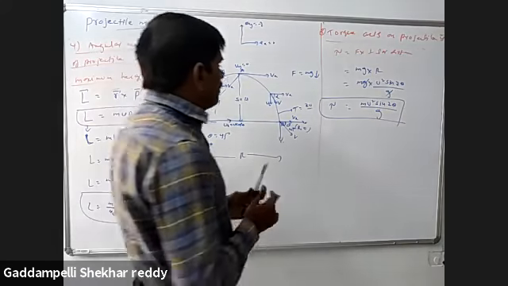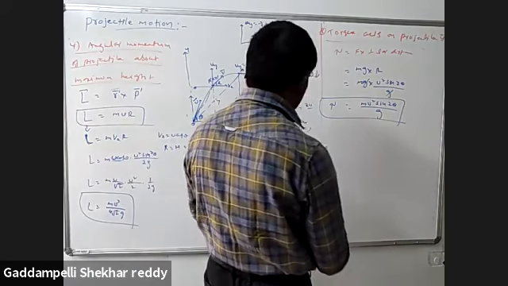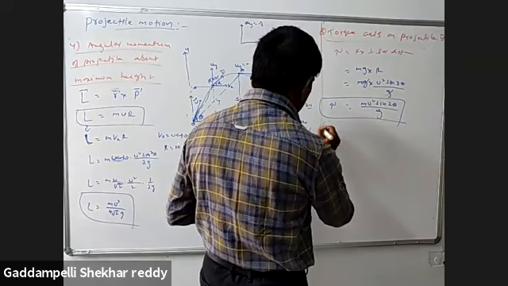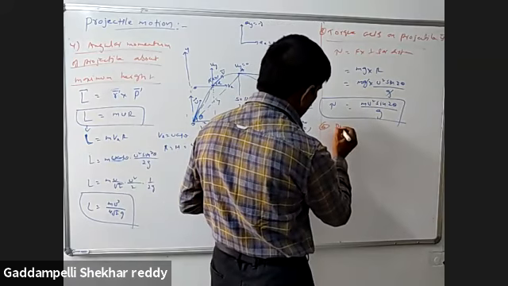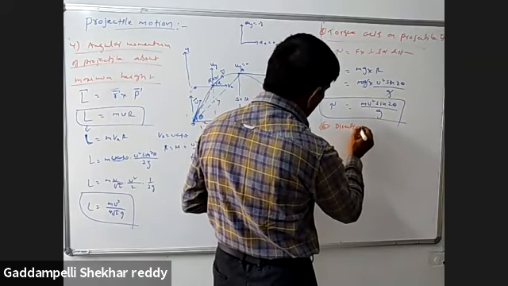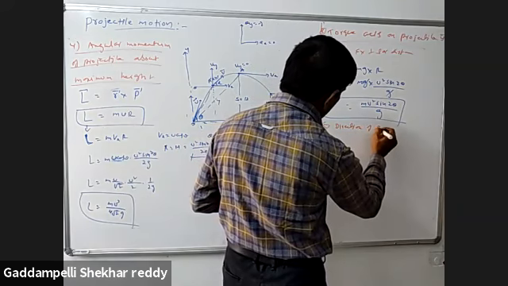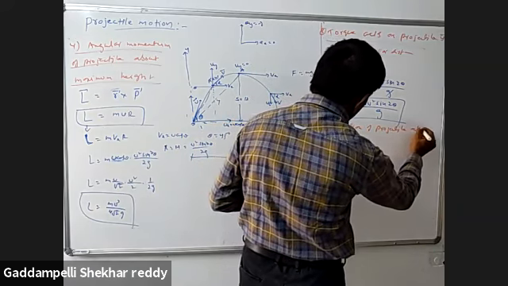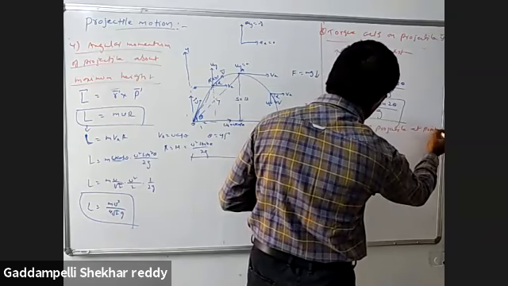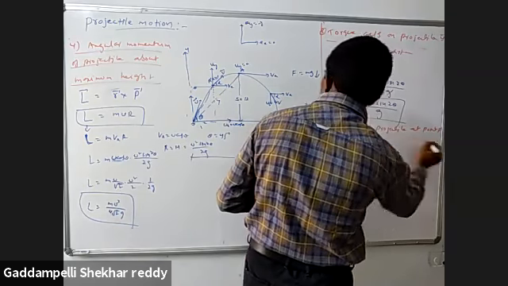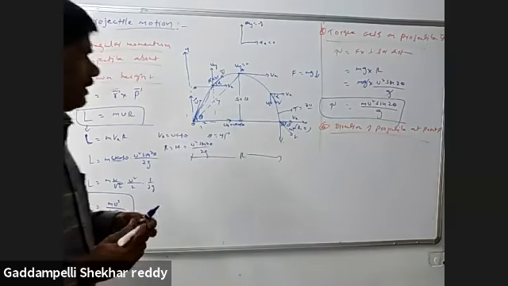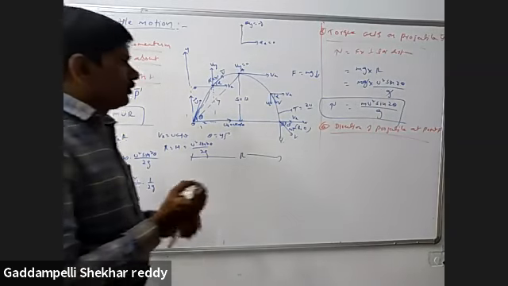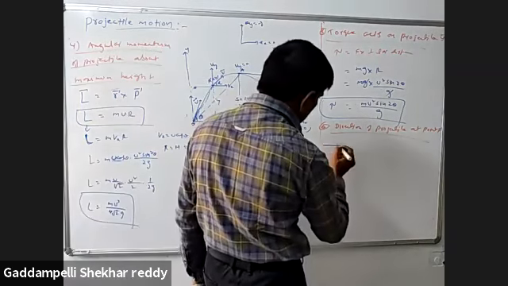So next, another question is asking about the direction of the projectile at point P. We have to represent direction in terms of tan.